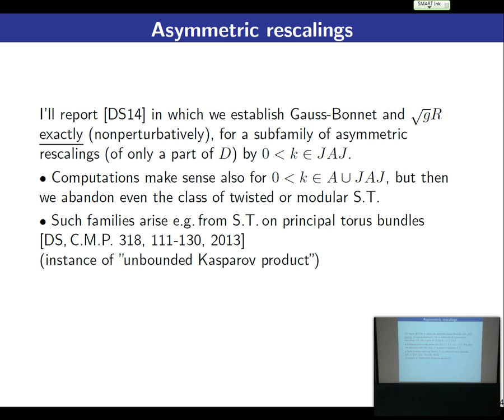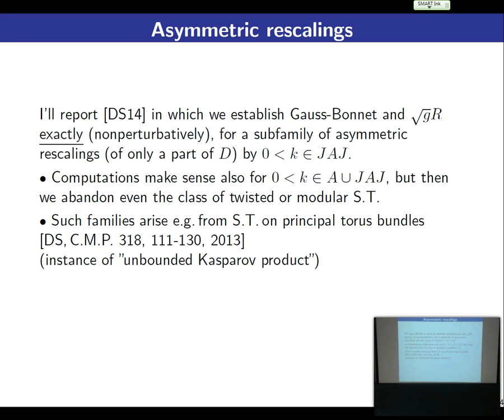From a Dirac operator on a base and a principal connection on a non-commutative bundle, we manage to produce a Dirac operator on the top, which will be of the type I will show in a moment, okay? And vice versa, using a particular kind of invariant Dirac operator, which projects downstairs on the total space of a principal U(1) or torus bundle, one can extract a Dirac operator on the manifold, on the base, and also a principal connection on the principal fiber bundle. A strong connection in this sense.